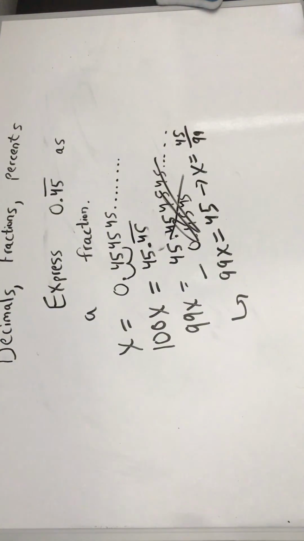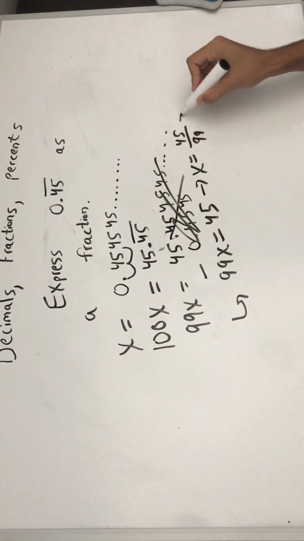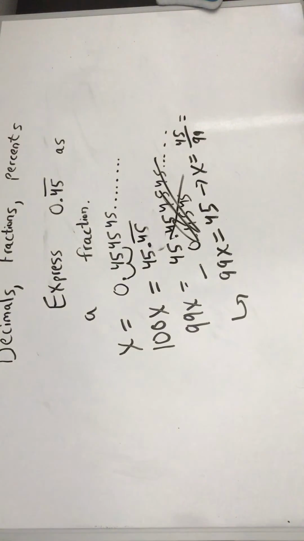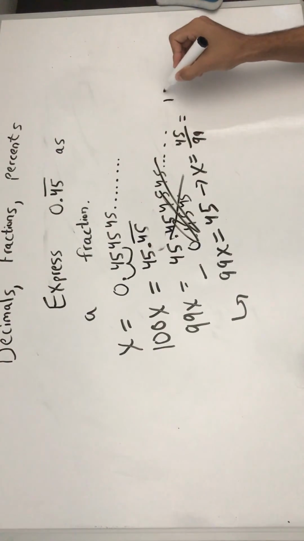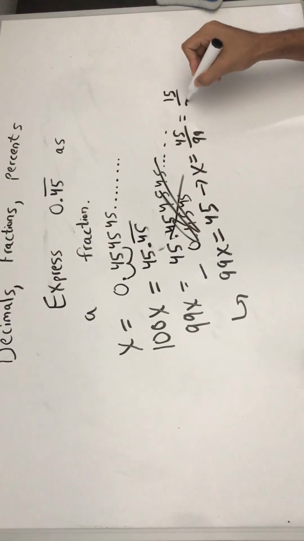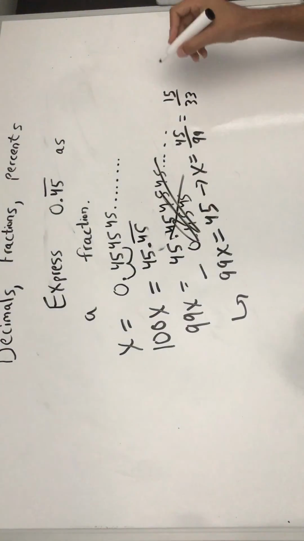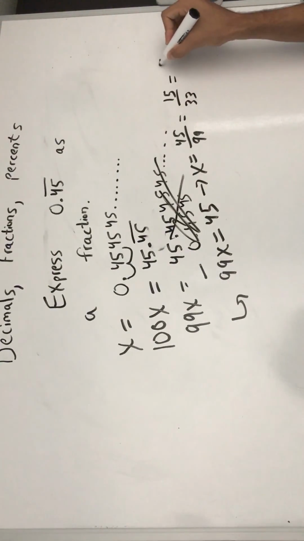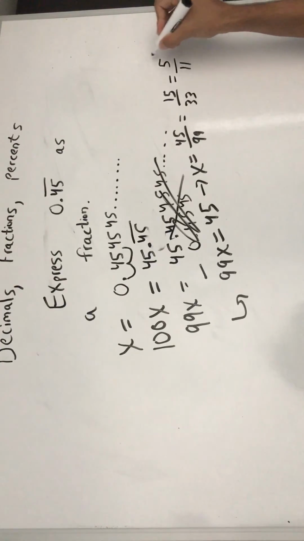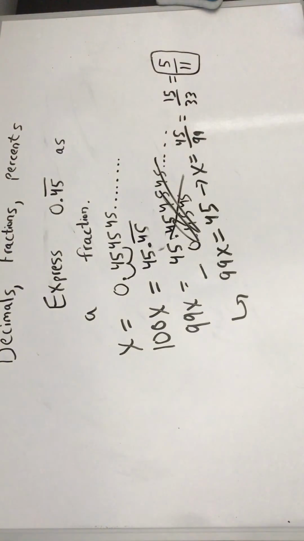And obviously if you want to simplify, you can. You can divide both by 3, you get 15 over 33, and you can divide this further, so you get 5 over 11. So using this method, you can determine any decimal, whether it's recurring or not, as a fraction. So here we can see that 0.45 recurring is 5/11.